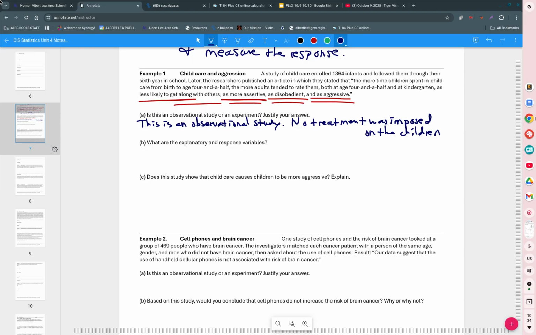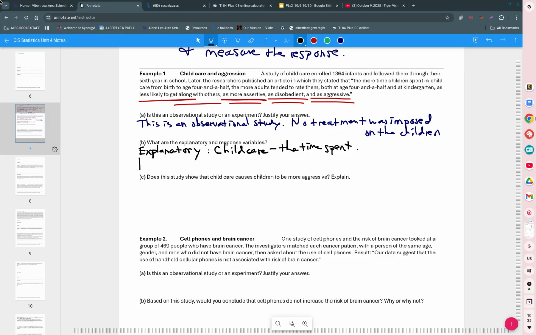What are the explanatory and response variables? Well, the explanatory variable is going to be childcare. Namely, the time spent. Were they in childcare for a year, 2 years, 3 years, 4 years, 5 years?